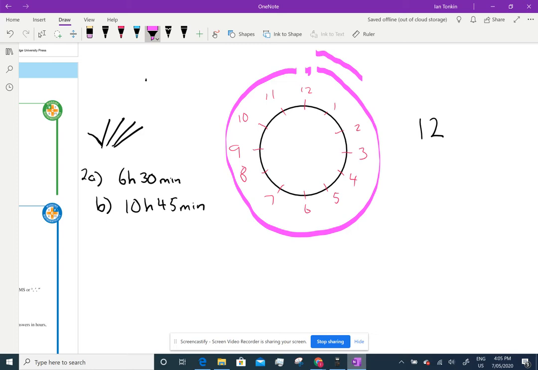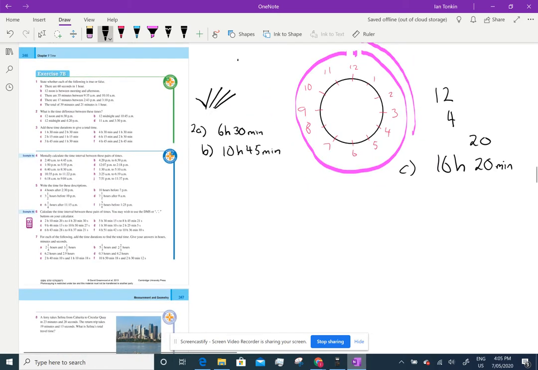So 1 p.m., 2 p.m., 3 p.m., 4. Oh, so I've got another 4 hours and 20 minutes. Well, that's 16 hours and 20 minutes. And that's another way to think about it. So whether you use your hands, whether you use a clock, or whether you even do it in your head, that's all fine, whatever mental strategy you've got.